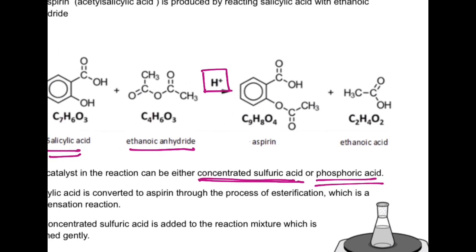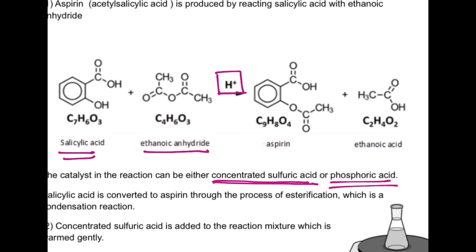So during the reaction, this part of the ethanoic anhydride will react with this functional group of the salicylic acid. So it's going to replace the hydrogen. The hydrogen is going to leave here, and this will fit in over here, will react with the oxygen here.